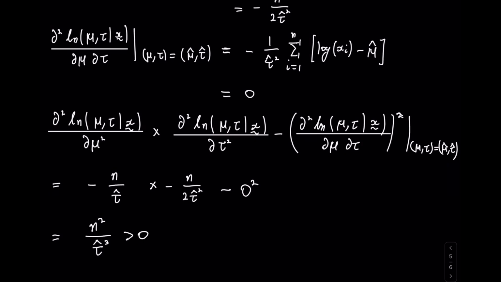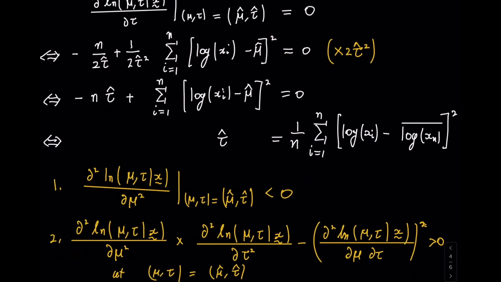And we finally proved that it is in fact a local maximum, because we've proven the first condition a while ago, and the second condition we've now just proved is greater than 0.